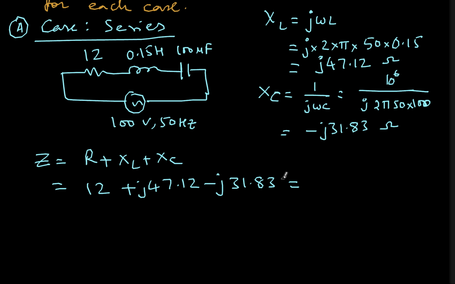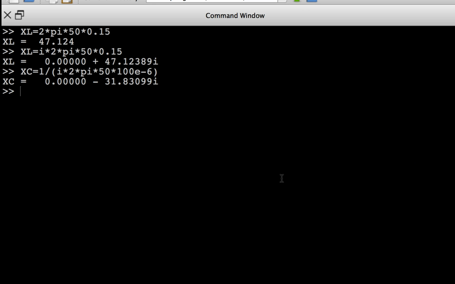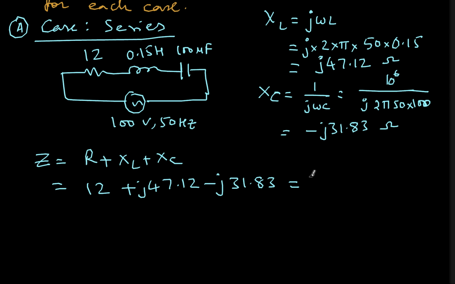So let's do that. So R is equal to 12 and my Z is nothing but R plus XL plus XC. So I'm just adding all of them. So I get 12 plus j 15.29. So that's what I'll write here: 12 plus j 15.29 ohms. So this is my total impedance.